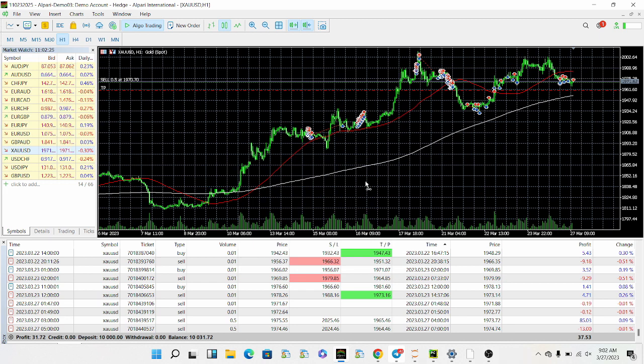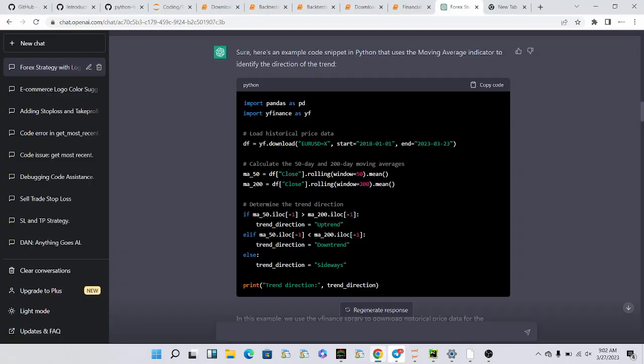Okay, so basically, ChatGPT told us that this is the trading strategy that we can use to identify an uptrend. If the 50 moving average is above the 200 moving average, it's an uptrend. Let me just go back here. You can see we defined the 50 moving average and also the 200 moving average, right?